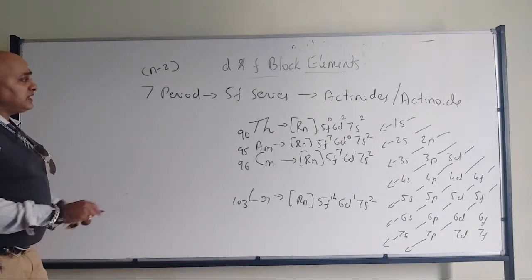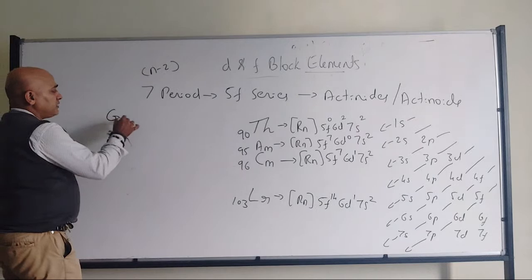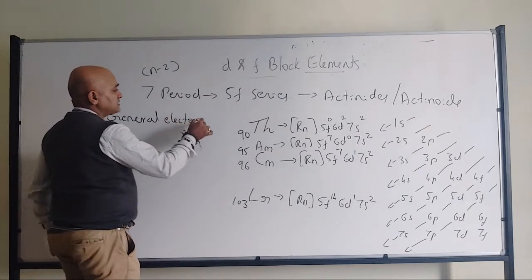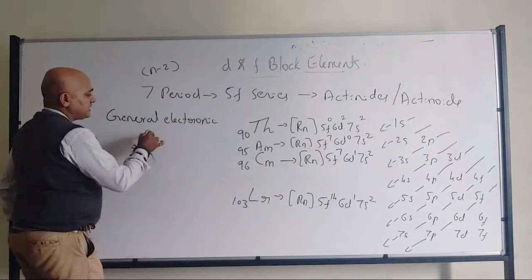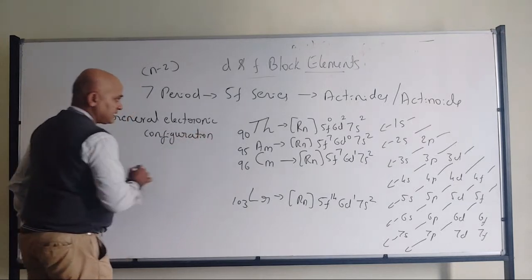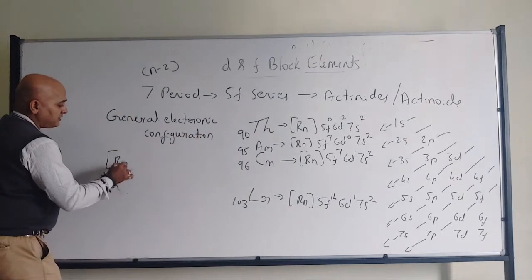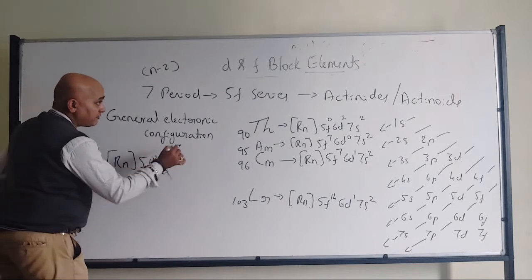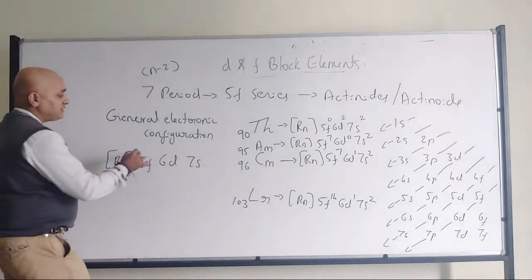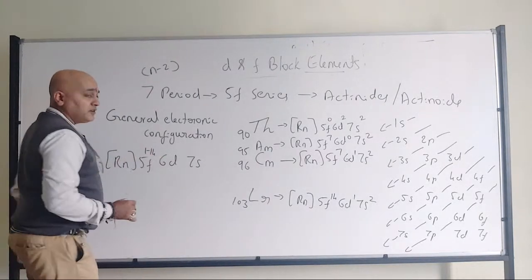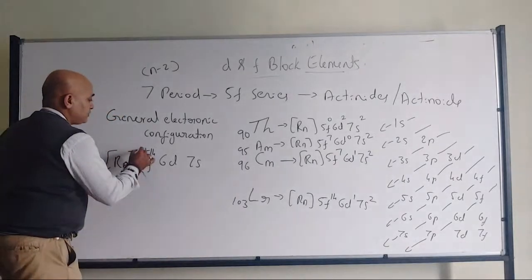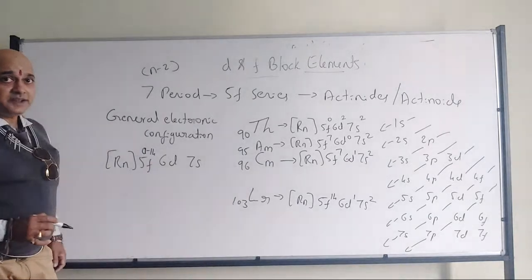Now what should be the general electronic configuration for actinoids? It will be radon, 5f, 6d and 7s. What about 5f? It will be 0 to 14. What about 6d? 0 to 2.